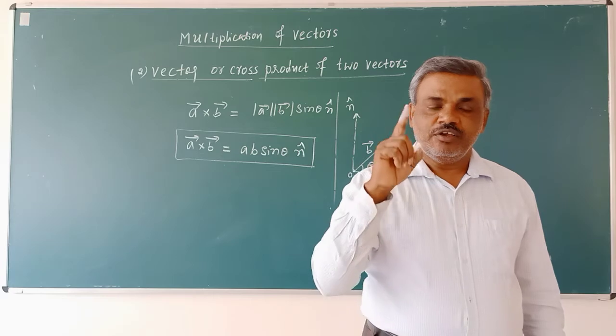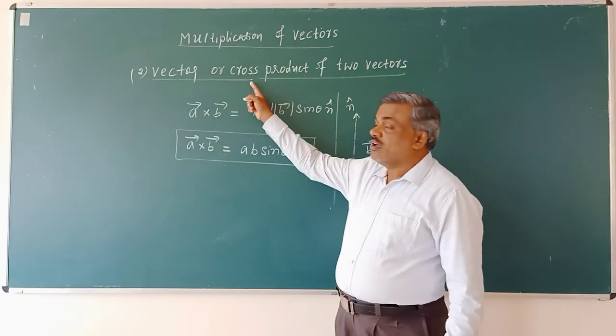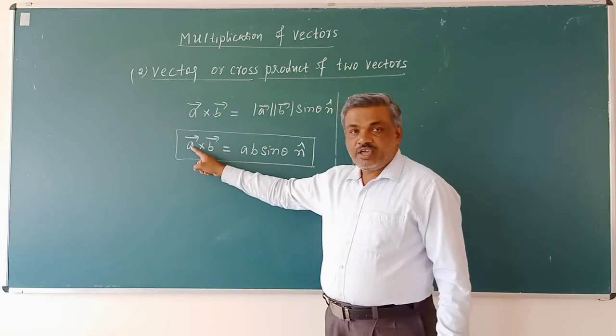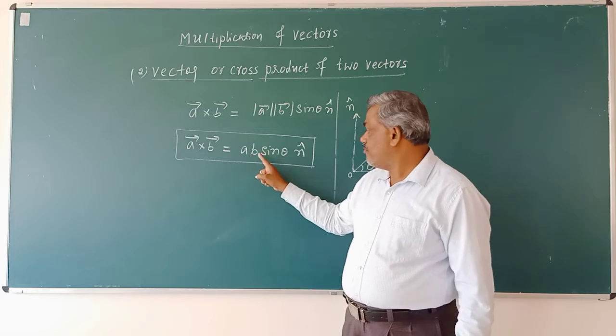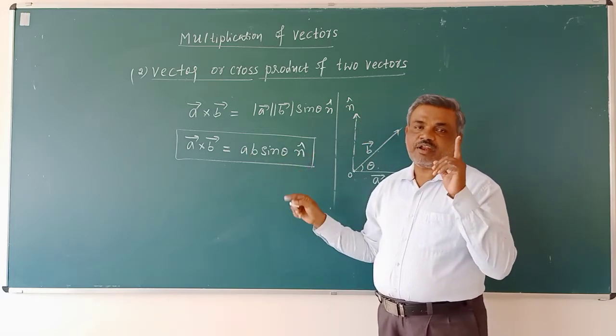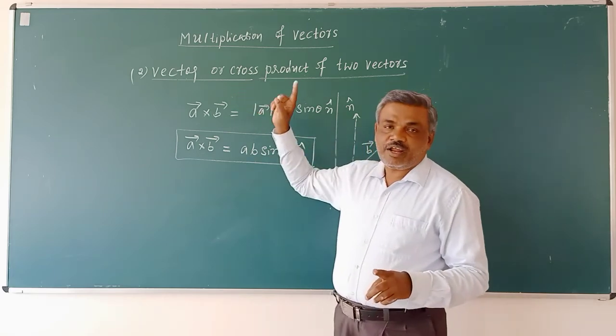Now students, observe the mathematical expression for the vector cross product: vector A cross B equals AB sin theta into n cap, where n cap is a unit vector. So what is the statement of the vector cross product?